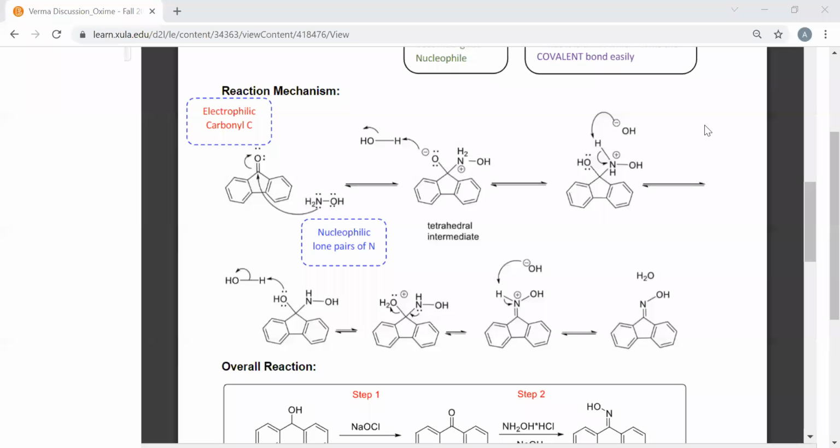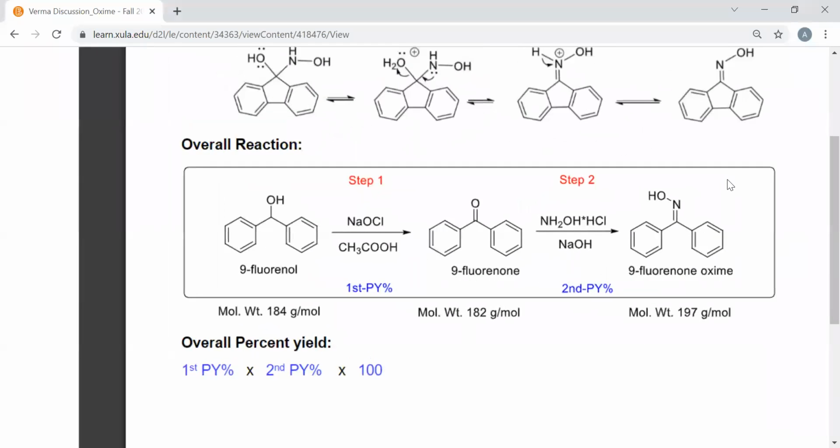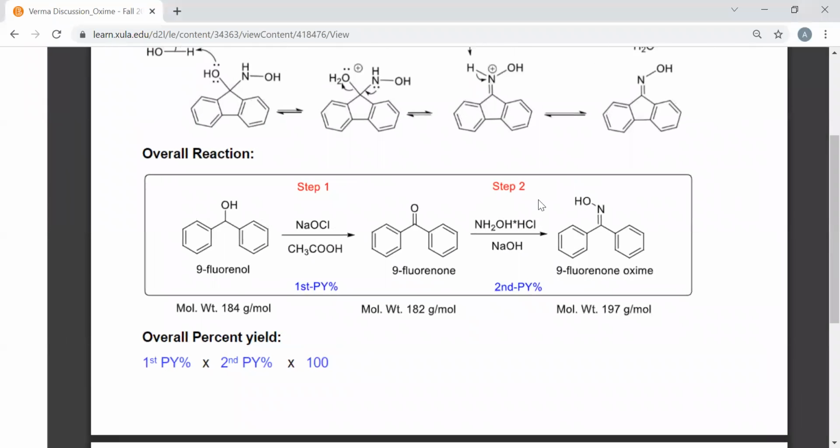Overall, between the two steps that we have seen, your alcohol gets converted into a ketone, and this ketone gets converted into an oxime. When you write your lab report, this is the kind of chemical reaction that you should write as the overall reaction, besides giving me the separate reaction conditions.